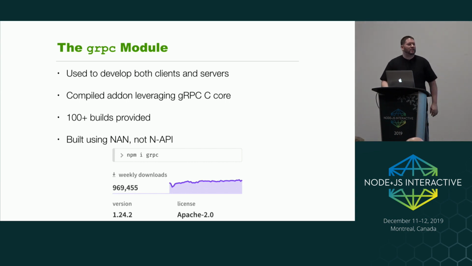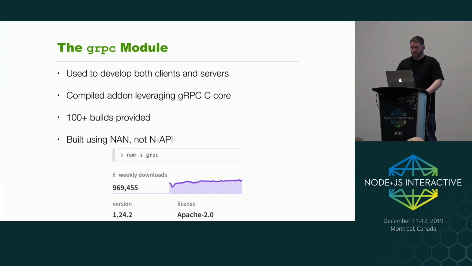One of the things they do to ease the pain of using a compiled add-on is provide prebuilds, pre-compiled versions of the module for different operating systems, different versions of Node, and things like that. Last I heard, they were shipping over 100 of these. So it's a significant amount of work that goes into that.